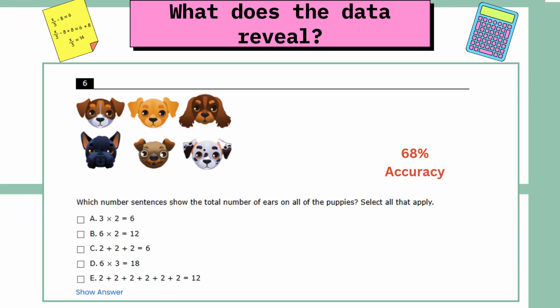Also, the item type is to select all that apply. So we did notice that some may have selected one of the correct answers, but they didn't select all. Or students did not pay attention to that it was asking about the puppy's ears and not just the puppy. So that was something that we saw as a common trend for this particular question.